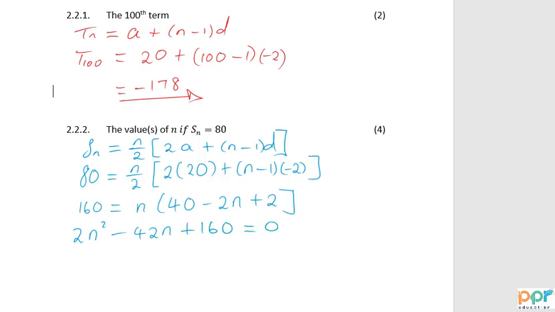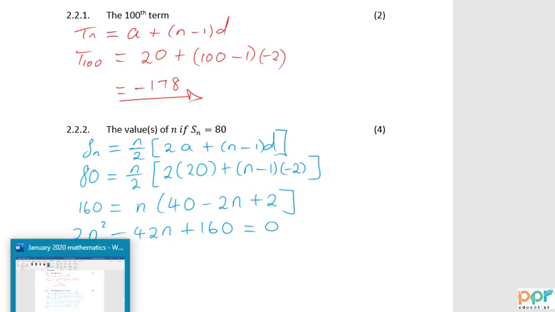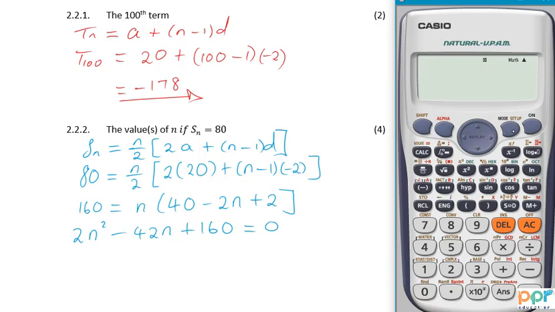I'm remaining on the right hand side with zero. In this case I can use my calculator, press mode, press 5, and I'm talking about the third one, which is the quadratic. The value of a is 2, the value of b is negative 42, and the value of c is 160, and then you press the equal sign.